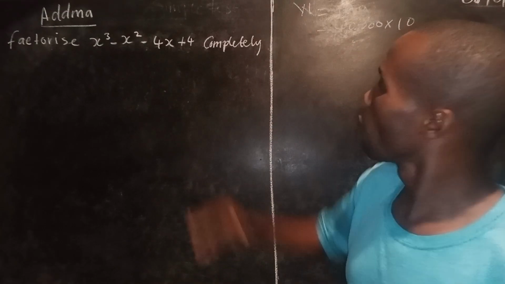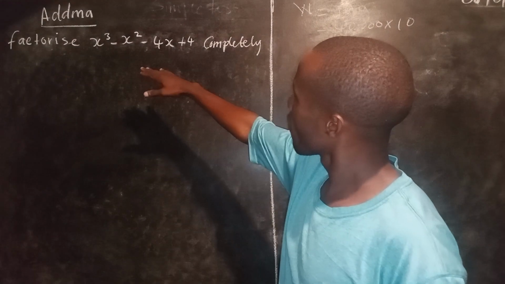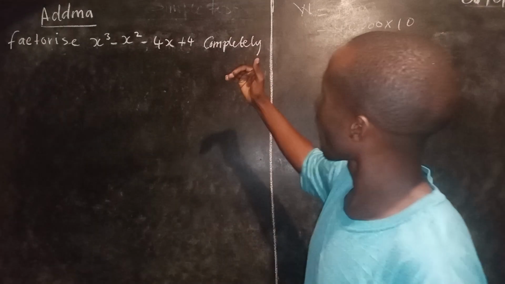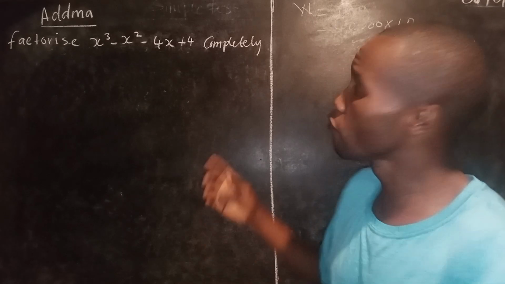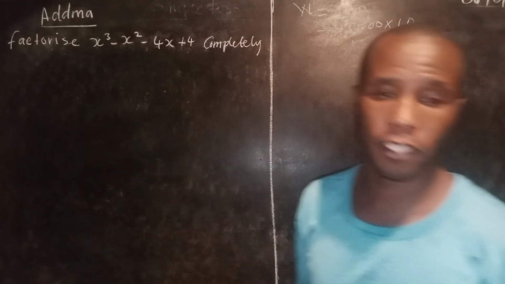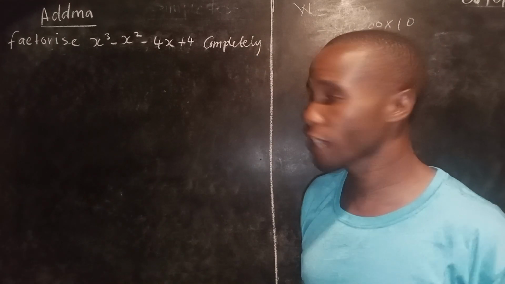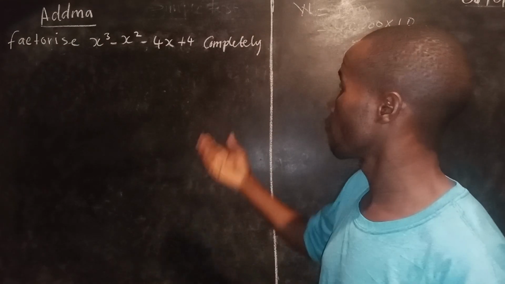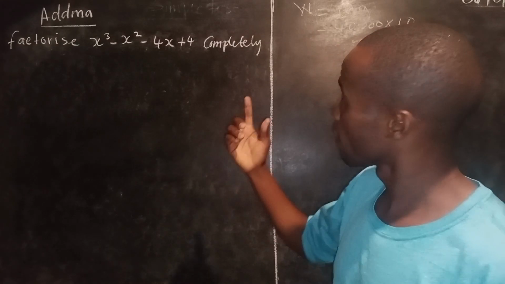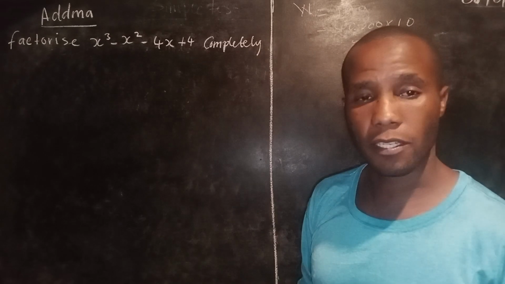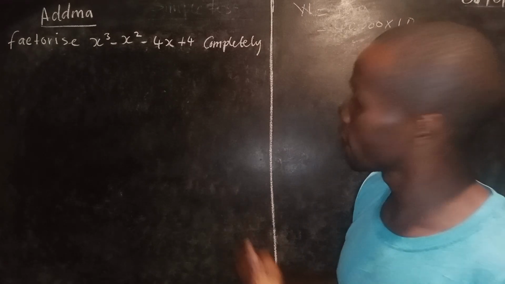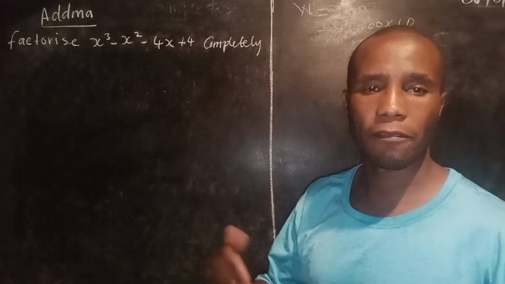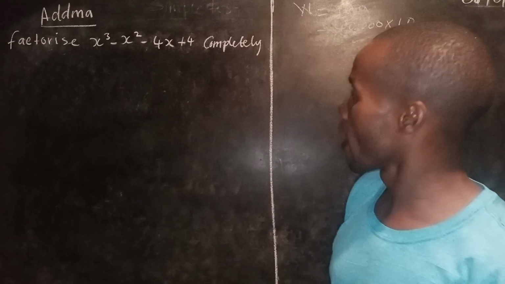When we substitute a particular number where there is x, we should have a 0 when we simplify. That will be our factor, and we are going to use the same factor for the long division so that we can factorize the given question. Let's proceed and see how we are going to move step by step as I've explained in my preamble.